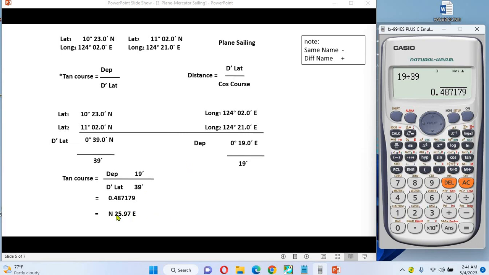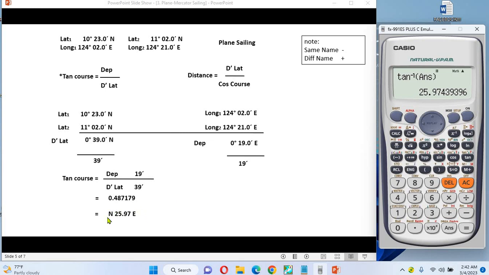So why 25? Because of the tangent of the course. So this one equals inverse tangent of the answer, and then close parenthesis, equals, so there you go, 25.97. Why again northeast?